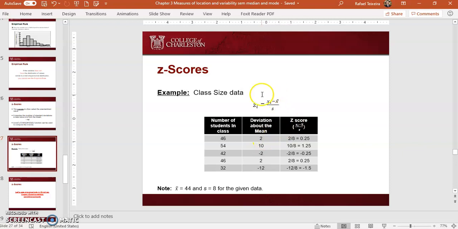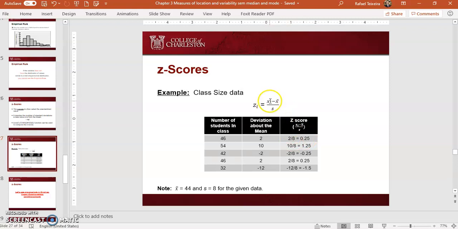If we use this formula, we can compute the standardized deviation of this class from the mean. This is what the z-score represents. It represents the deviation of each observation from the mean, taking into account the standard deviation.